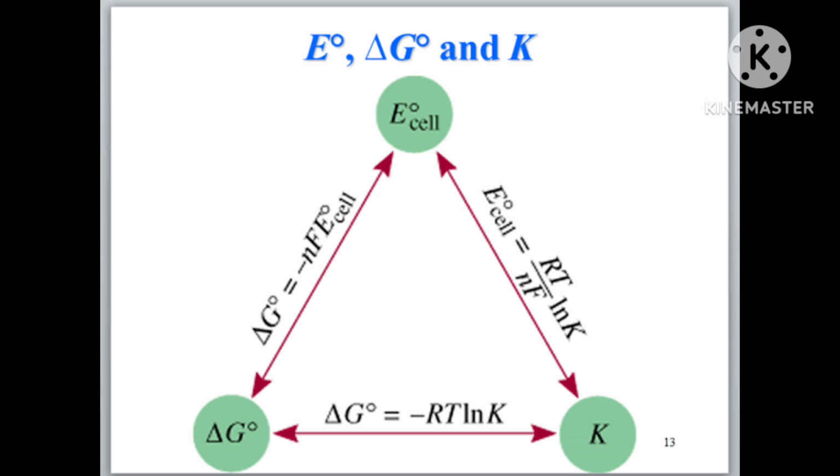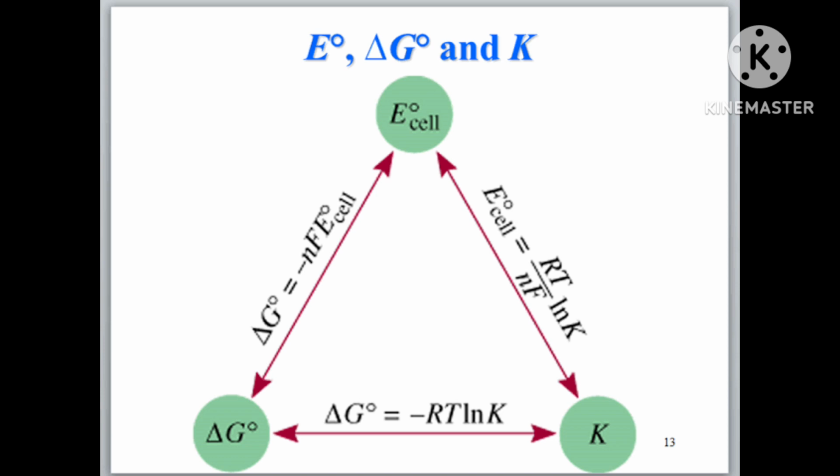Calculate the standard Gibbs energy for the reaction Zn plus Cu2+ giving Zn2+ plus Cu. That reaction has been given, the galvanic Daniel cell reaction: Zn solid plus Cu2+, product is Zn2+ plus Cu solid. And for this reaction, you have to calculate the standard Gibbs free energy, that is delta G.